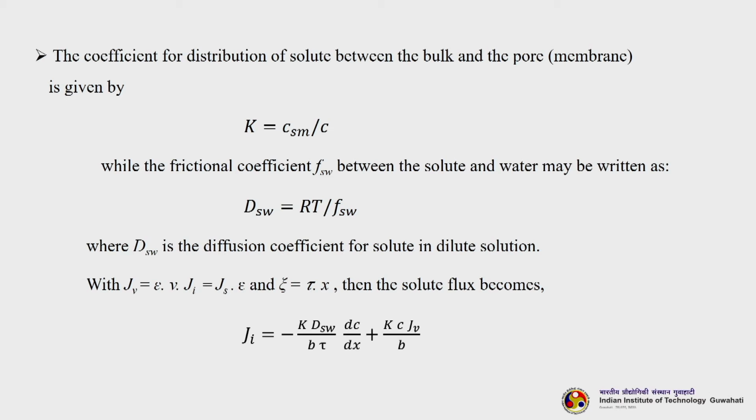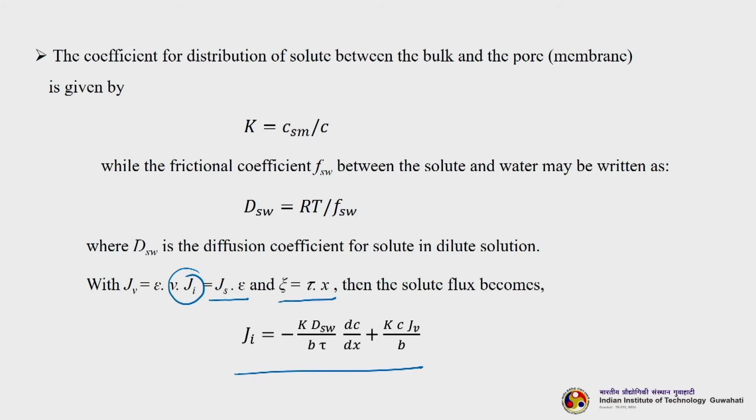Then J_v equals epsilon V, and J_s is the solute flux. With zeta equals tau times x, the solute flux becomes, in terms of J_i, minus K D_sw by B tau dC by dx plus K C J_v by B.